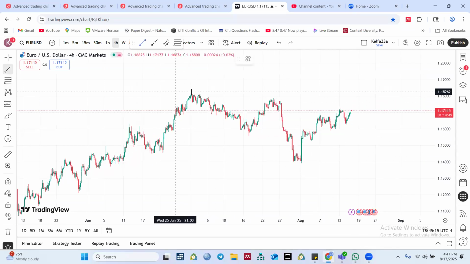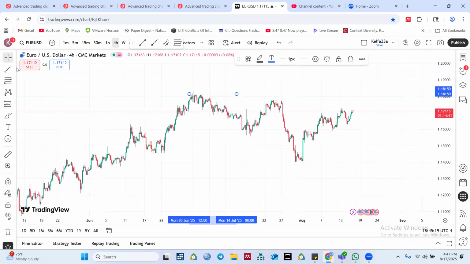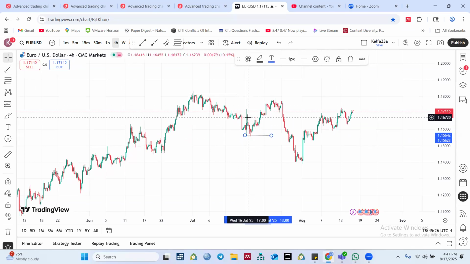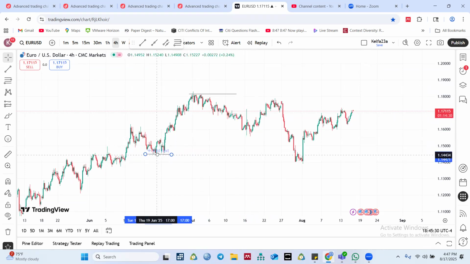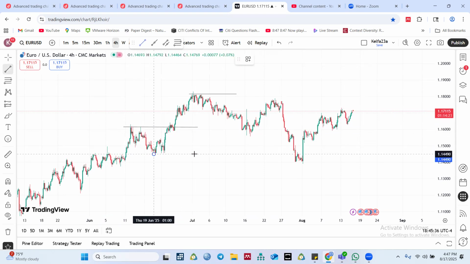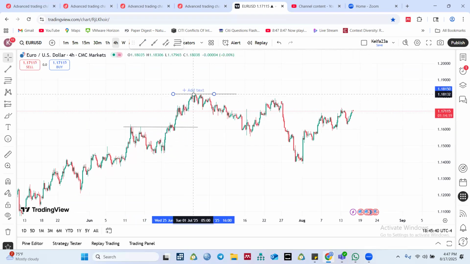So here, our highest point is here. So the last low point pullback ended here. Okay, so from this low here, we broke structure to the upside and got this high here.